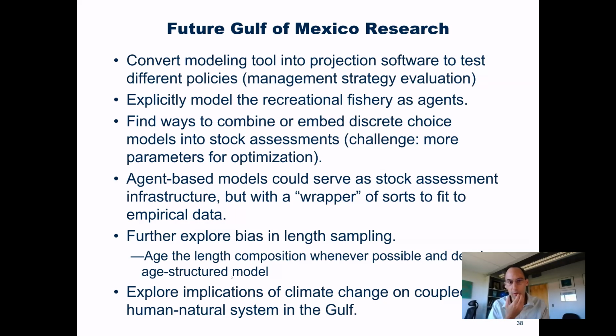Future work for the Gulf of Mexico tool. My next move with this work is to develop the tool into projection software, so that it can be used to test a variety of different policies.